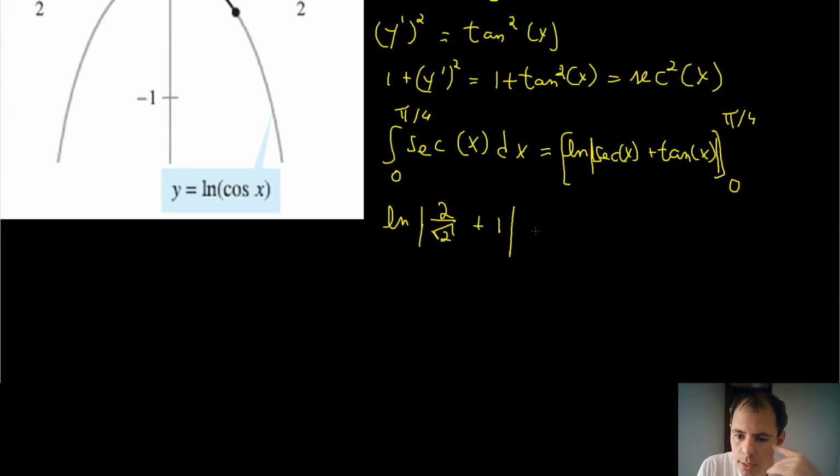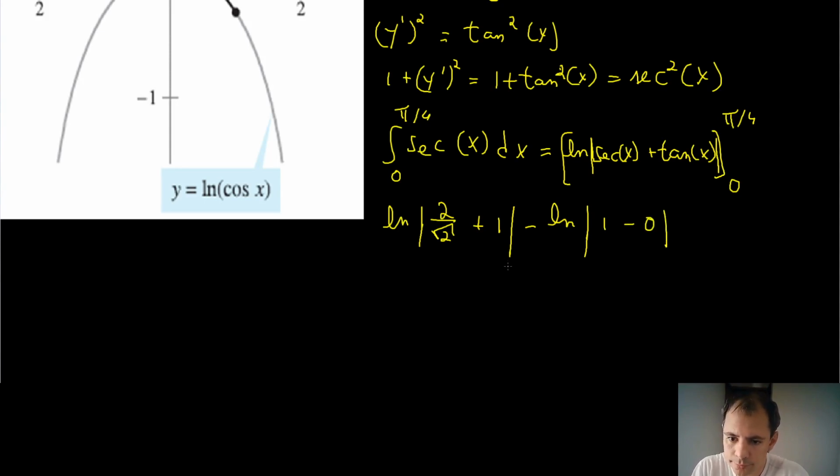Okay. And then you have to do minus the ln of, let's see, secant of 0. Well, the cosine of 0 is 1, okay? So it's just going to be 1 minus the tangent of 0 is 1. The tangent of 0 is 0.